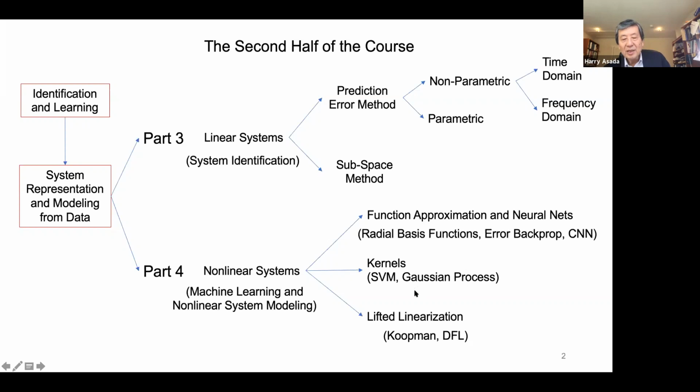At the end, we look at new material, the lifted linearization. This is only 7 or 8 years old, but these days it's really bubbling up and is a very important technique. Here we separate linear systems from nonlinear systems, but there's a technique to linearize nonlinear systems, representing them in a linear form.